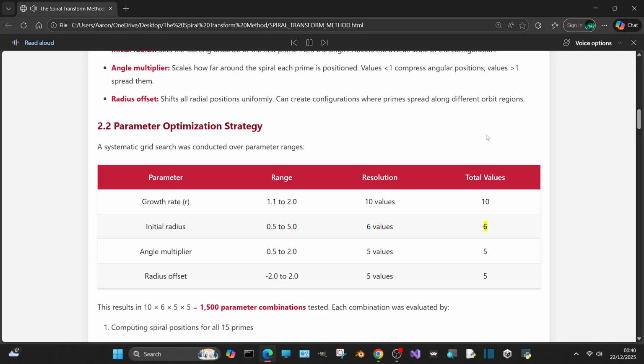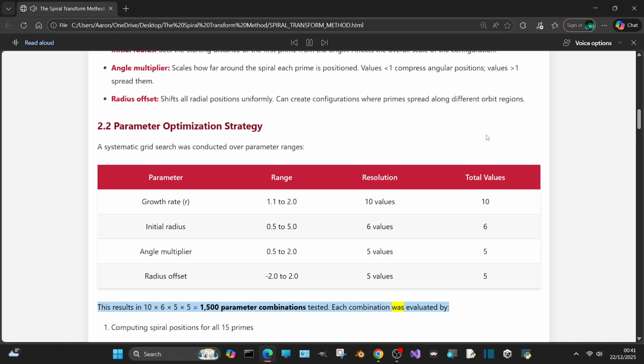Angle multiplier: 0.5 to 2.0, 5 values. Radius offset: minus 2.0 to 2.0, 5 values. This results in 10 times 6 times 5 times 5 equals 1,500 parameter combinations tested.